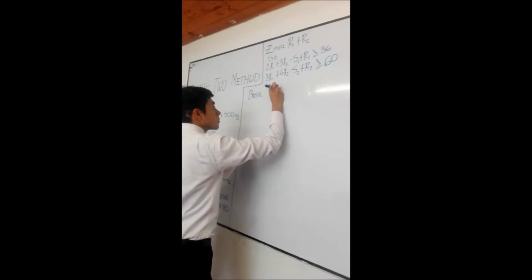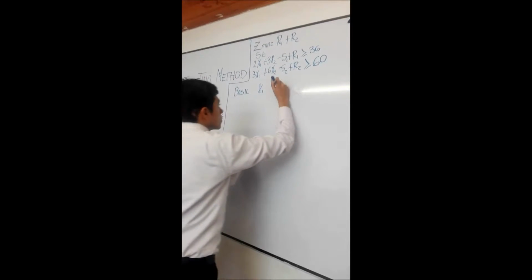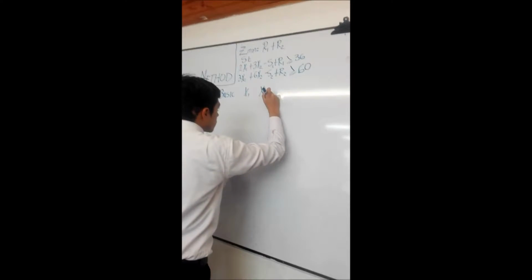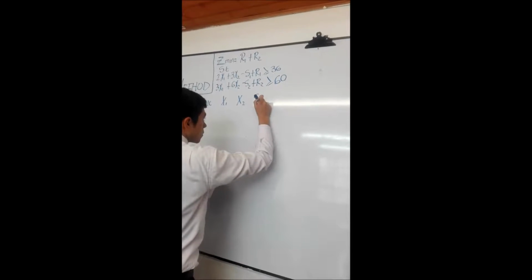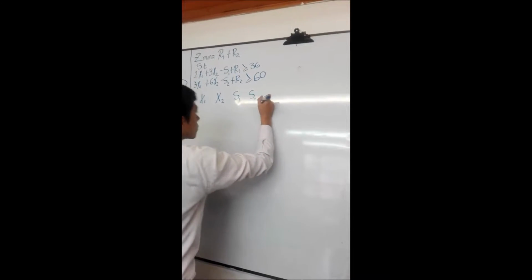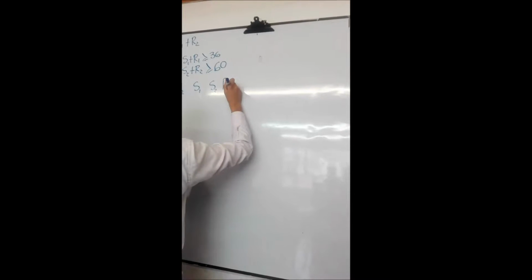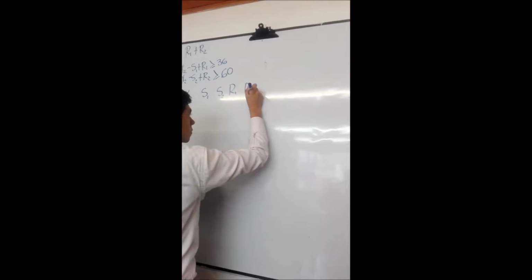In the x row, our coefficients are in x1, x2, s1, s2 is 0. In r1, r2, the coefficient is minus 1.